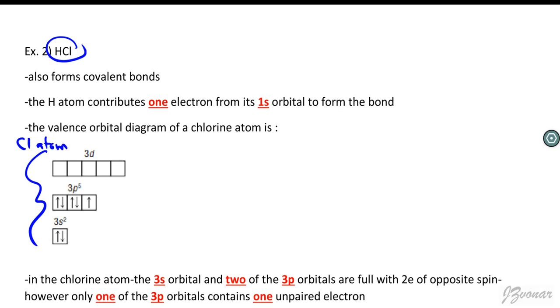Okay, and we see here in the valence orbital that this one here has one electron in it. So this is a half-filled p orbital.